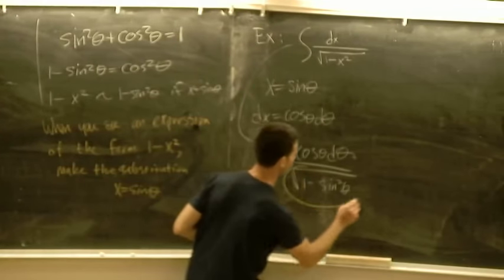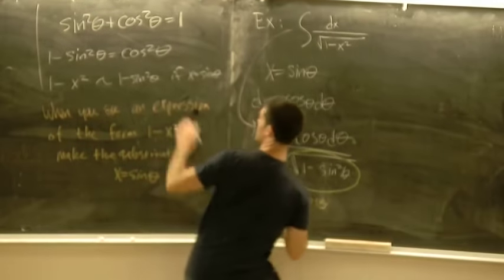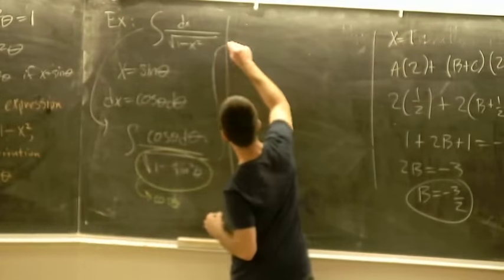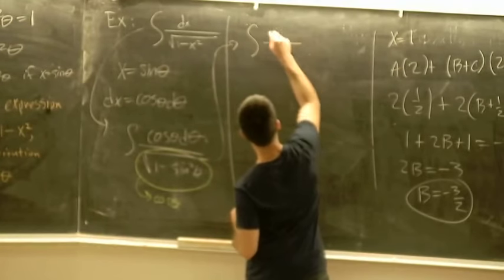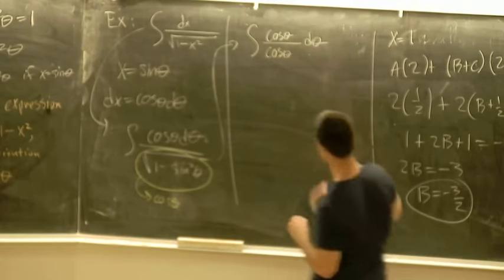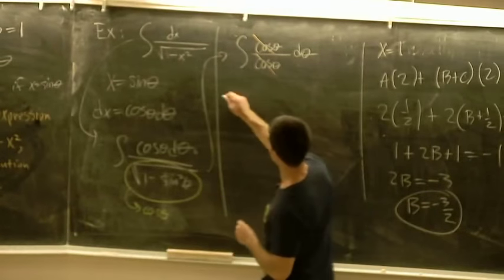It all comes down to the fact that this is the same thing as cos theta via this identity. So I get the integral of cos theta over cos theta. So the cosines cancel.